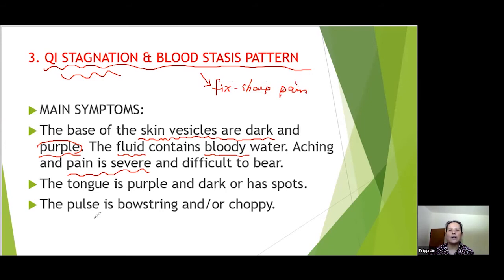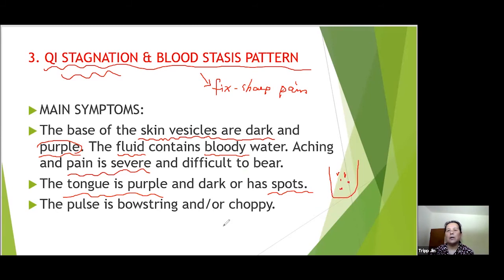So this is the most severe kind of pain. And if we look at the patient's tongue, the color is purple, sometimes not the whole tongue, just some dark purple spots on the surface of the tongue.